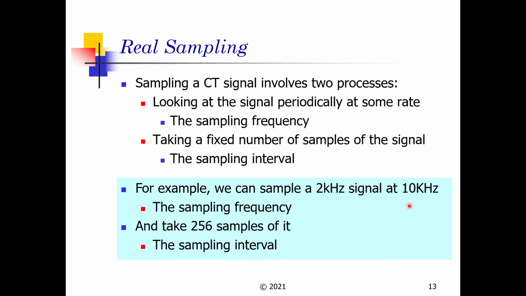The pros and cons of either process are as follows. When you use the sampling frequency method, it is good for periodic signals, so that you can make sure you get a nice clean reconstruction altogether.